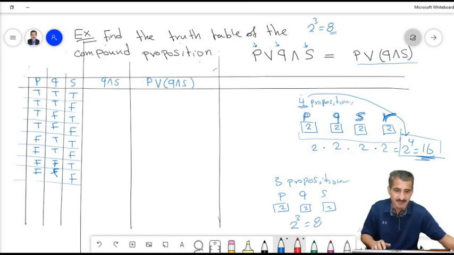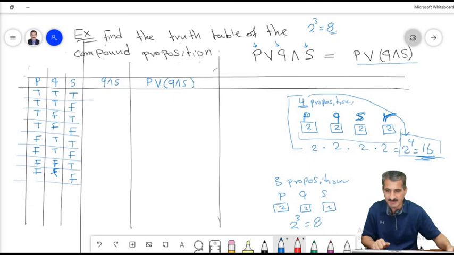Okay, I will let you think about that. And then now you can complete this truth table, and let's see Q and S. This is true, this is false. Q and S, I will leave the remaining 2. Now in here I have P or Q and S. So P or true is true, true or false is true, and so on.